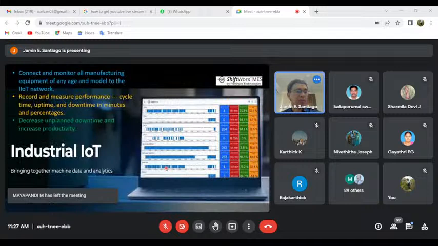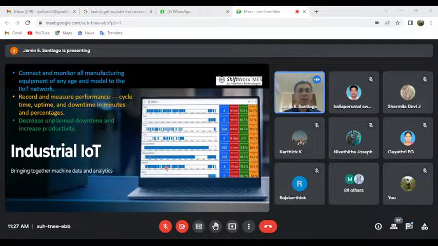Okay, now, this is an expansion of our topic of industrial IoT. We can connect and monitor all manufacturing equipment, any age, any model, to the industrial IoT network.